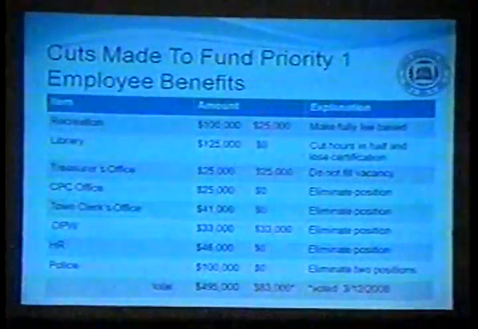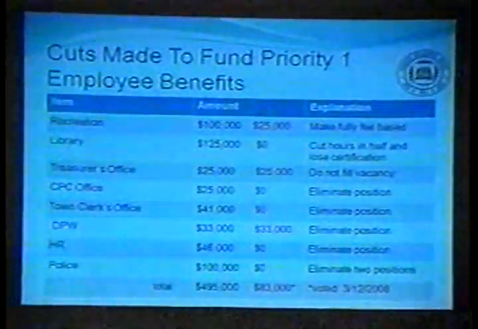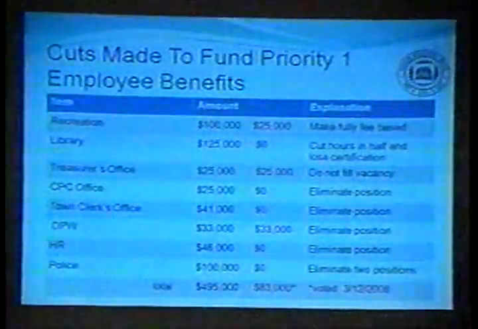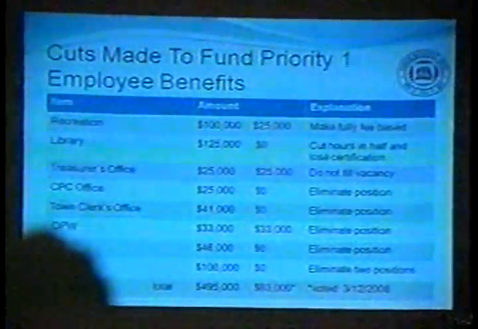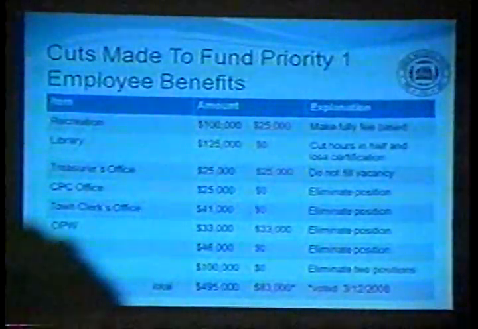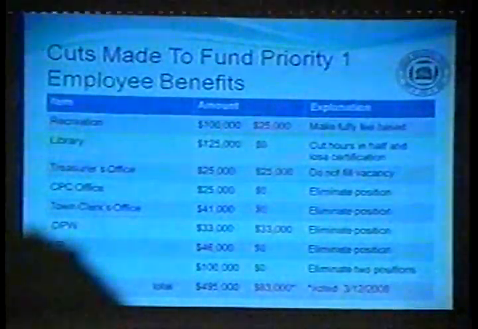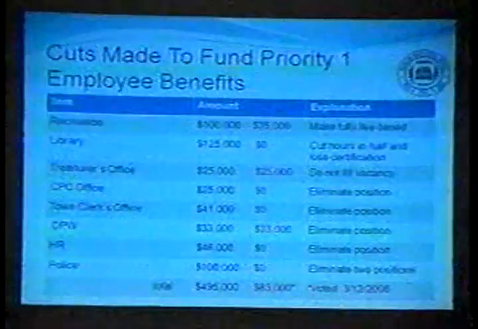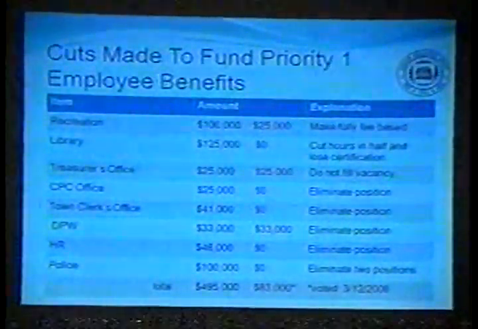We looked at a number of different items. We looked at recreation, moving $100,000 from recreation into their revolving fund, which would have increased fees even beyond what they reported this evening. And in the end, the board voted on the 12th of March to make that number $25,000.